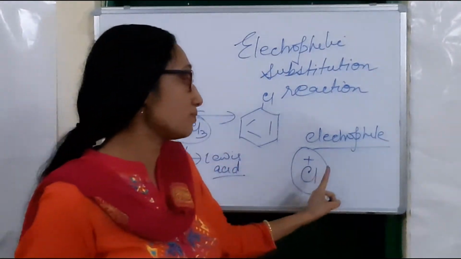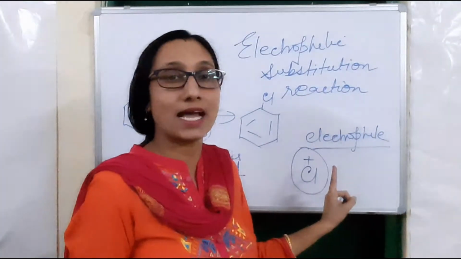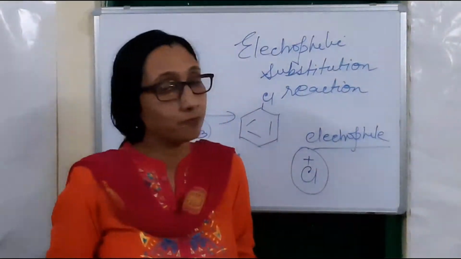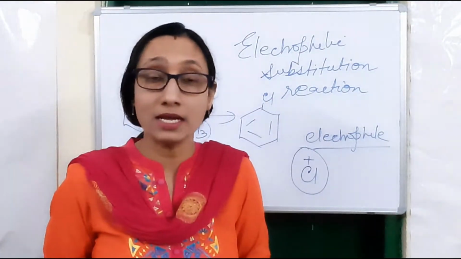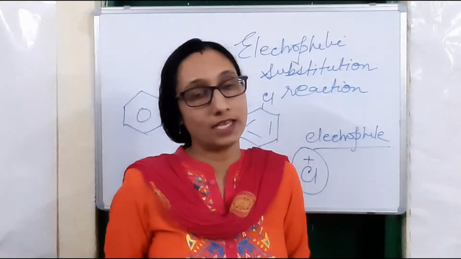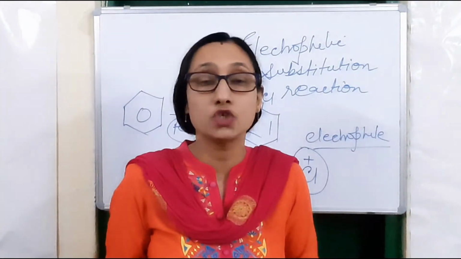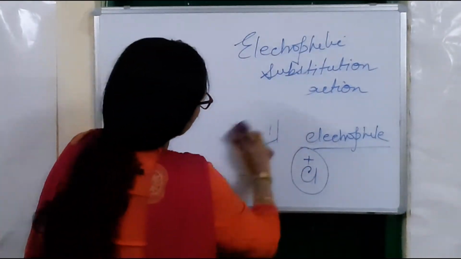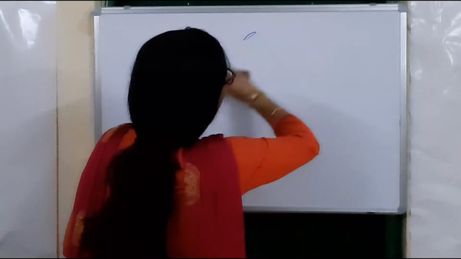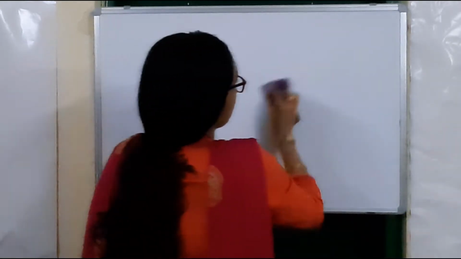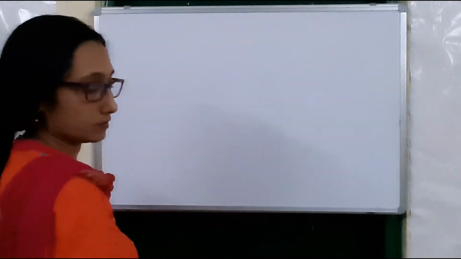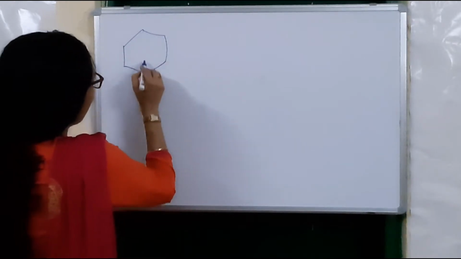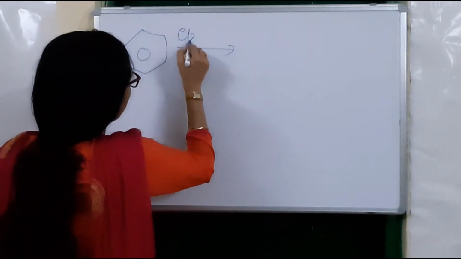Now in this particular reaction we will see how this Lewis acid helps in the generation of electrophile. For this we have to go through the mechanism of electrophilic substitution of benzene to yield chlorobenzene. So now we will see the mechanism of this particular reaction.